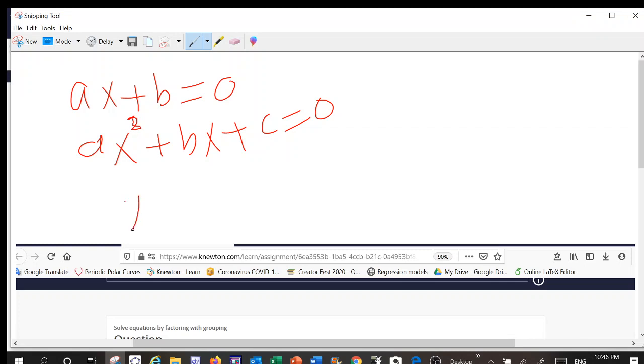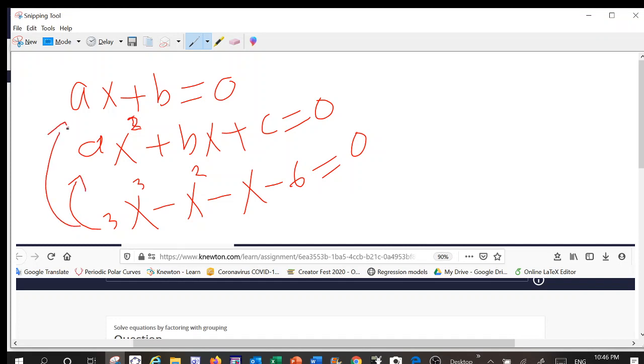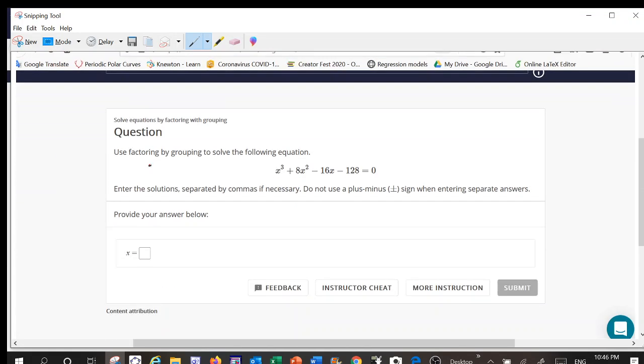But if you have anything greater than 2, like something like this, let's say, we don't know how to solve it. So what we have to do is try to convert them, for now, to something we can solve. That's the idea for this section. So let's look at this.